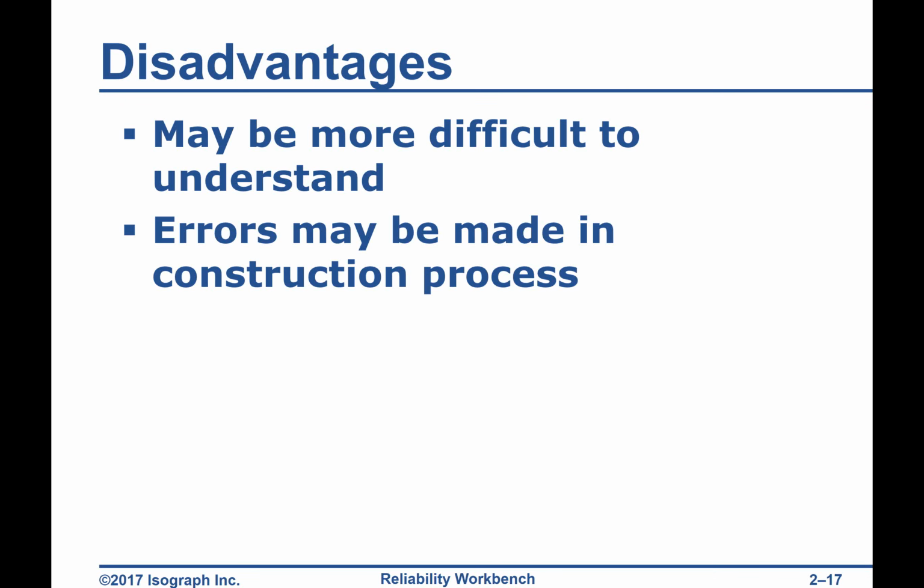It's not quite as deductive. Secondly, this is the easy one. Errors may be made in the construction process as you're cutting and pasting and moving things around. It's really easy to forget to toggle a gate, so the AND gate becomes an OR gate or vice versa. That can be easy to miss. So you have to be very careful and cautious when you're simplifying, when you're moving things around, to make sure you don't leave something out, delete an important piece of the tree, or anything like that.